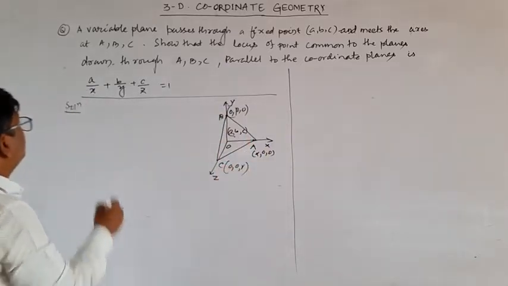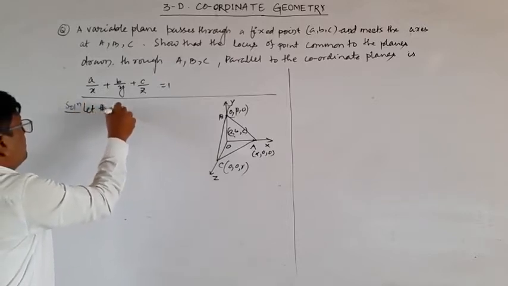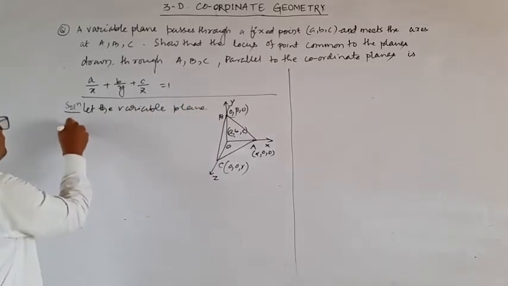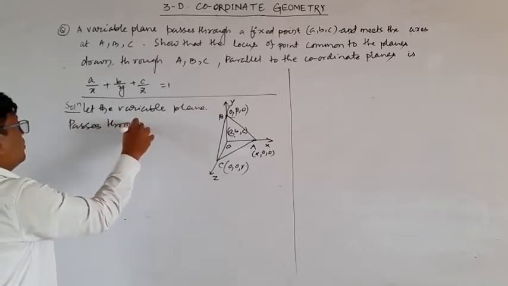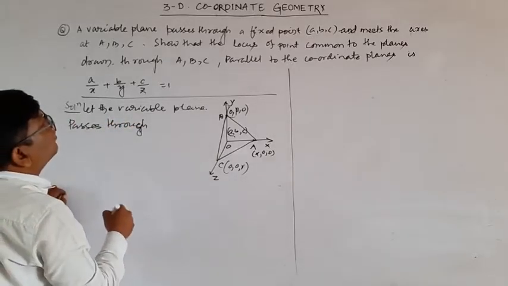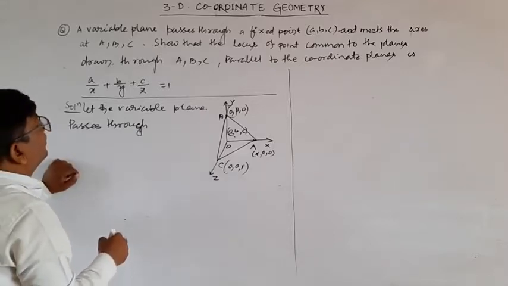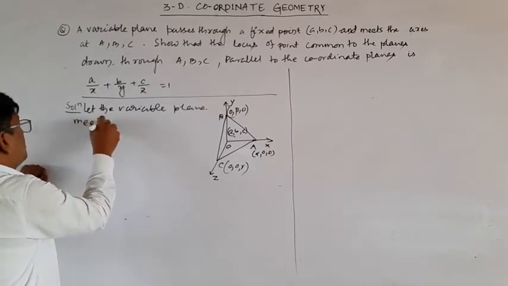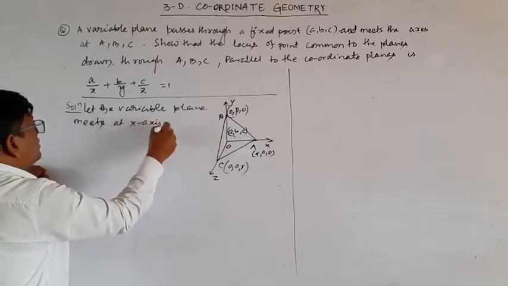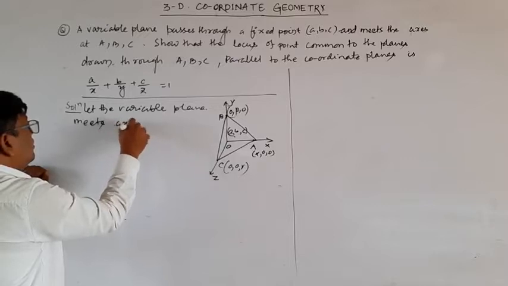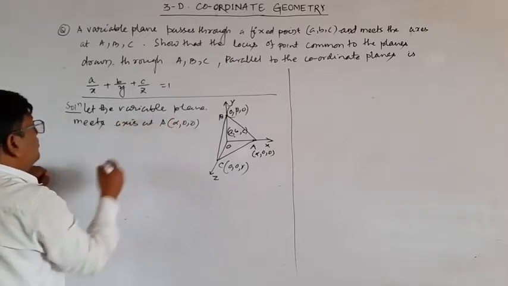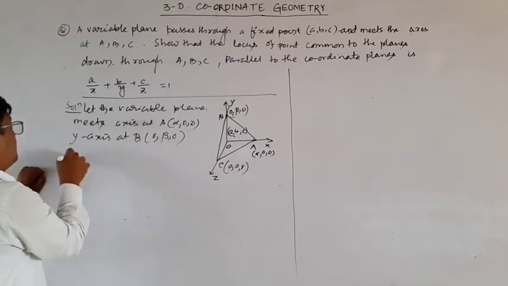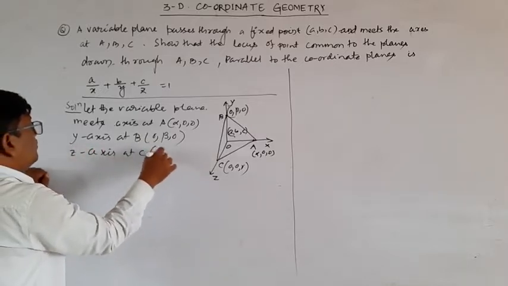Let the variable plane meet the x axis at A (alpha, 0, 0), the y axis at B (0, beta, 0) and the z axis at C (0, 0, gamma).